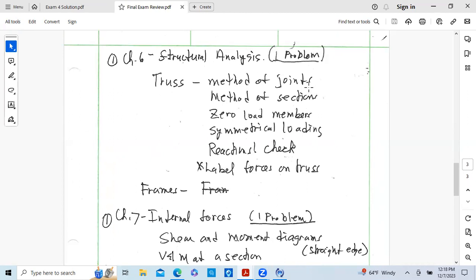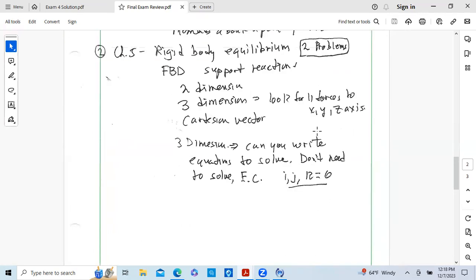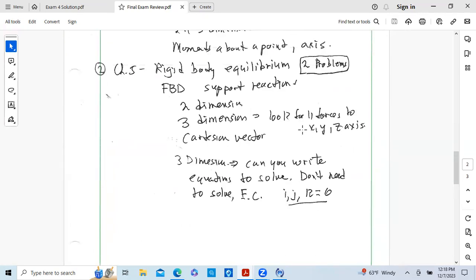Chapter 6, structural analysis. You will have a problem out of chapter 6. This focused on trusses using the method of joints and method of sections. What you should look for, and again, probably what I would ask in here is going to be a truss problem.